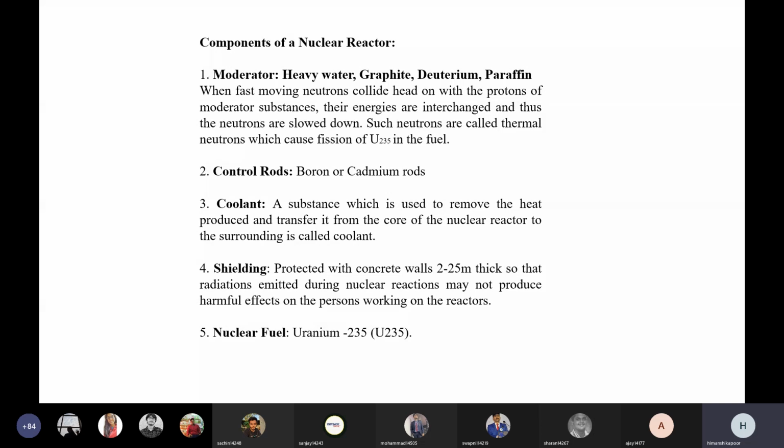So spent fuel from standard uranium based reactors is reprocessed and the extracted plutonium and U-235 are used as fuel. So this is again a mixed kind of a reactor.